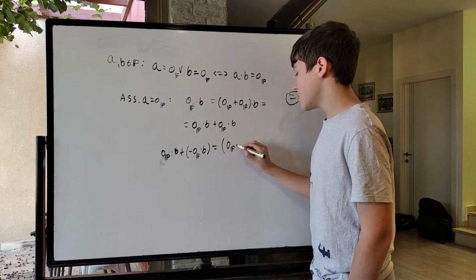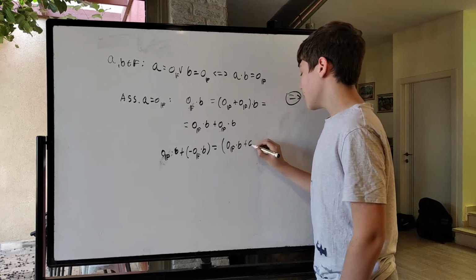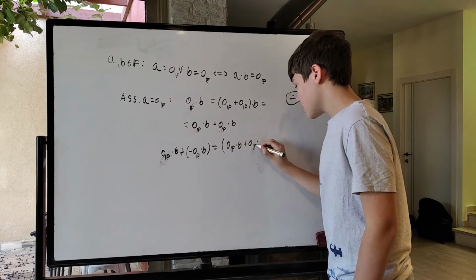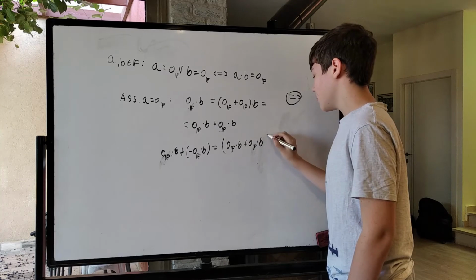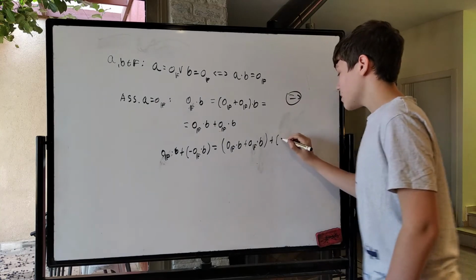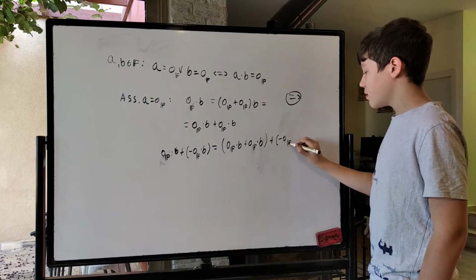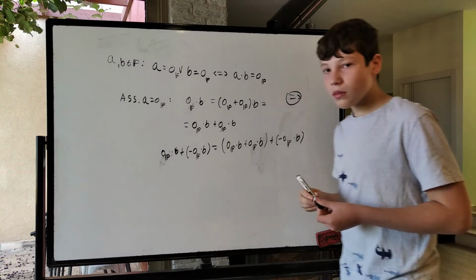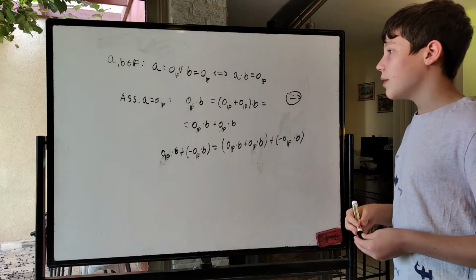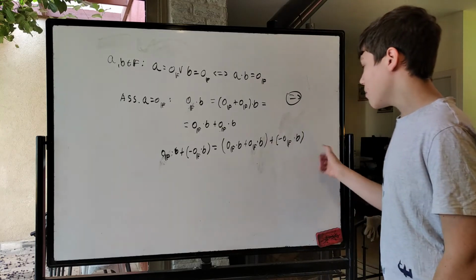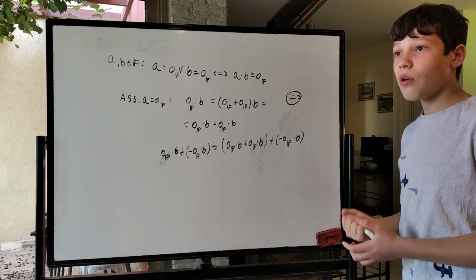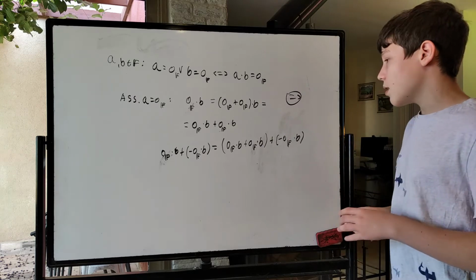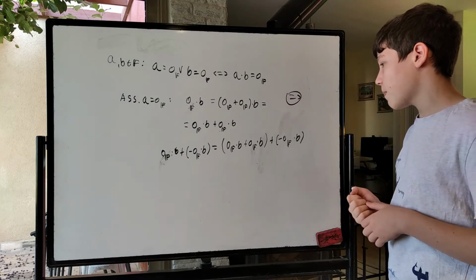So this is 0 times b plus 0 times b, and that is plus negative 0 times b. Now, we know that we can move this because the order doesn't matter by commutativity. The order of summation does not matter.